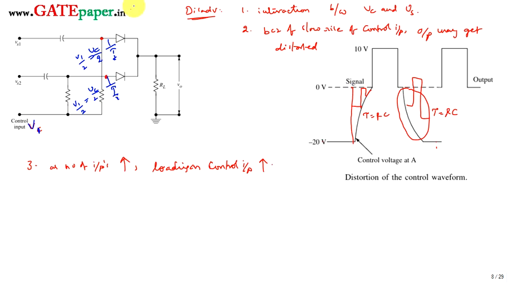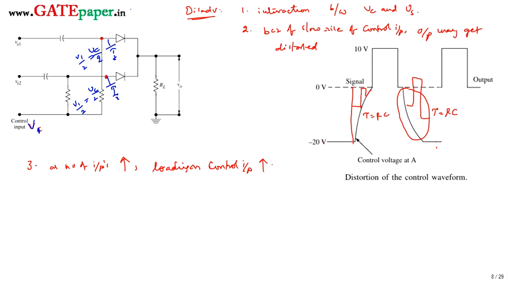So during the transmission period, if the number of inputs increases, the voltage present here may not be enough to make the diode forward biased. That is the disadvantage. As the number of inputs increases, the same voltage is shared by that many diodes.